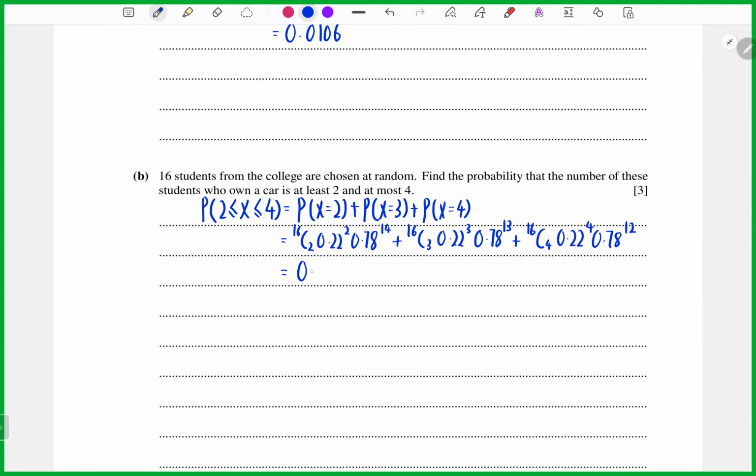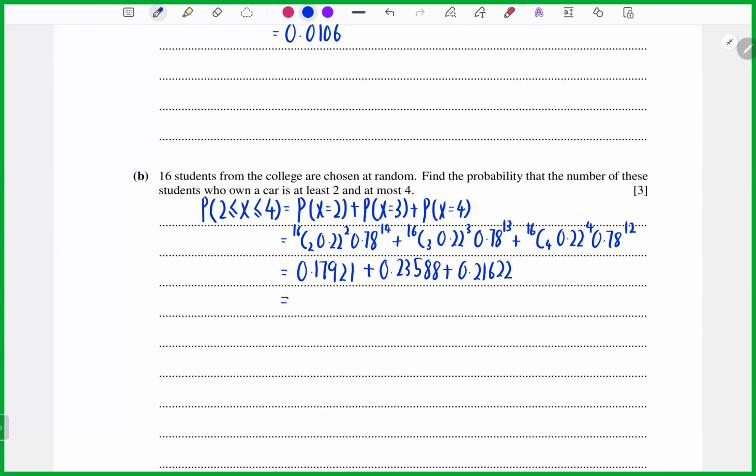You get 0.17921 plus 0.2358 plus 0.21622.